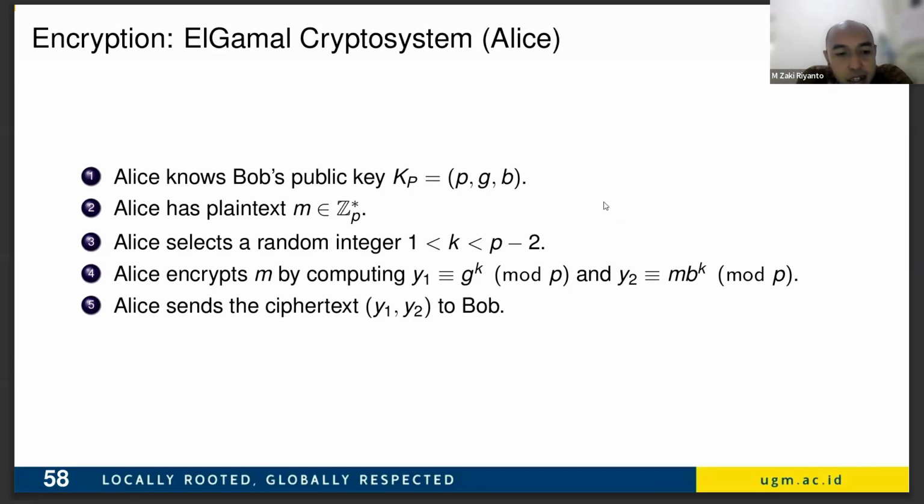Then Alice encrypts the plaintext M by computing two values, y1 and y2. y1 is g to the power of k modulo P, and y2 is M times B to the power of k modulo P. Alice sends the ciphertext, that is two values, y1 and y2, to Bob.